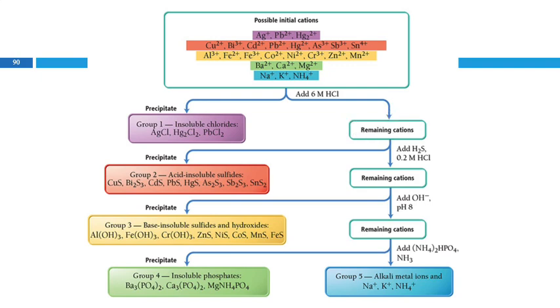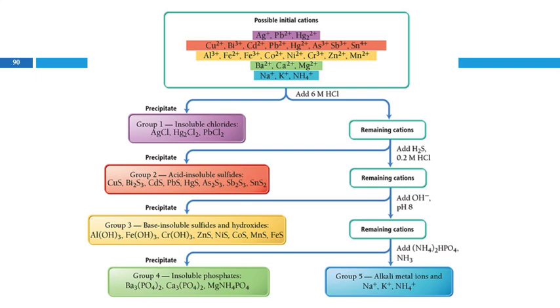And then to the remaining cations, you can add H2S and a little bit of HCl, and then you'll get these ions that are insoluble sulfides. They're insoluble in acid. Then we can make the solution basic, and there's a whole other group of sulfides that are soluble in acid but not in base.